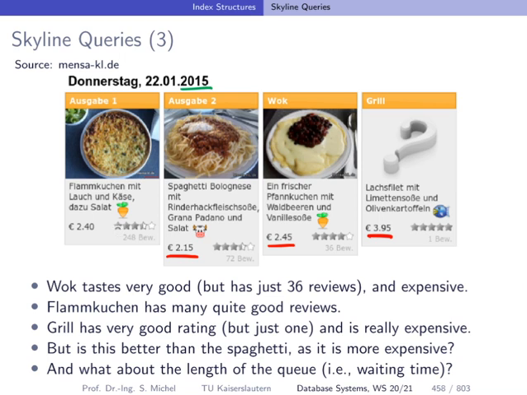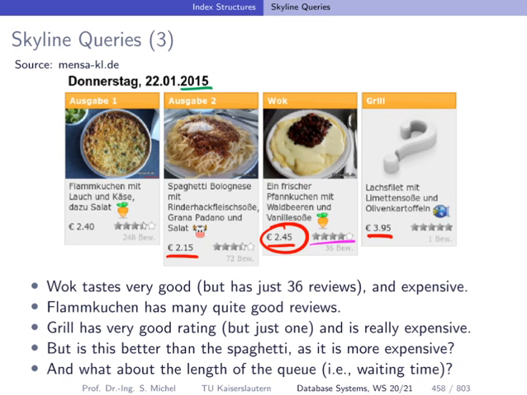If you're looking at the number of stars they have obtained, you see that here the wok, this Pfannkuchen, the pancake, got quite good ratings, but it's also more expensive than the spaghetti bolognese. But you cannot say which one is better, because how would you aggregate into a final ranking the information about the price and the ratings?